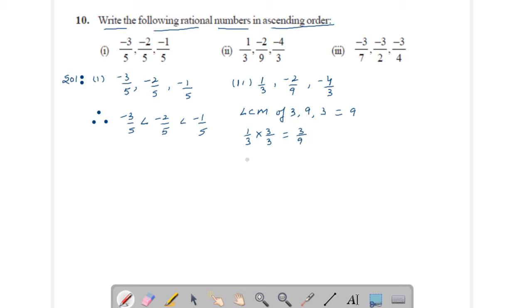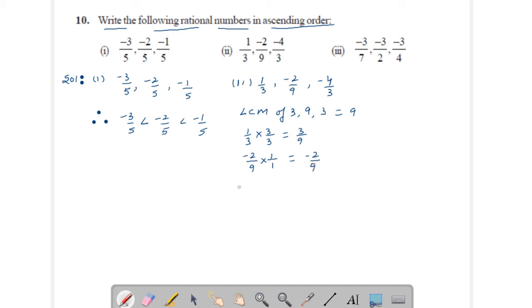Take second rational number, minus 2 upon 9. Here denominator is 9. Divide LCM 9 by 9. You will get 1. Multiply by 1 both in numerator and denominator. You will get minus 2 upon 9.